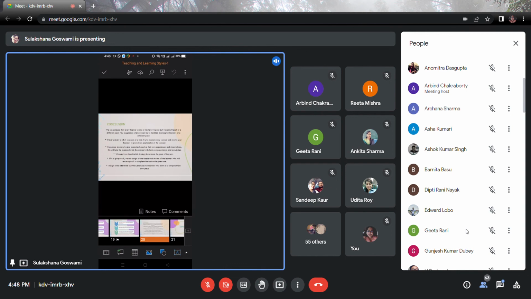Try to explain every concept and involve your learners in explaining the concept. Try to engage them in conversation, ask them to relate to the concept, and to recall any experiences they have. Next, encourage learners to give examples based on their own experiences and observations if they have encountered any similar situation.